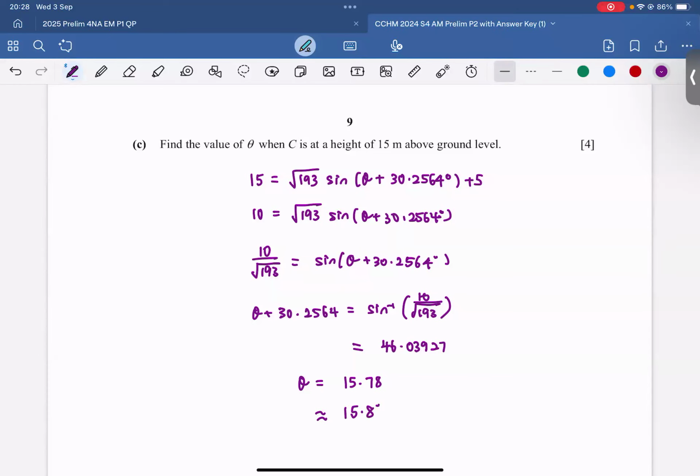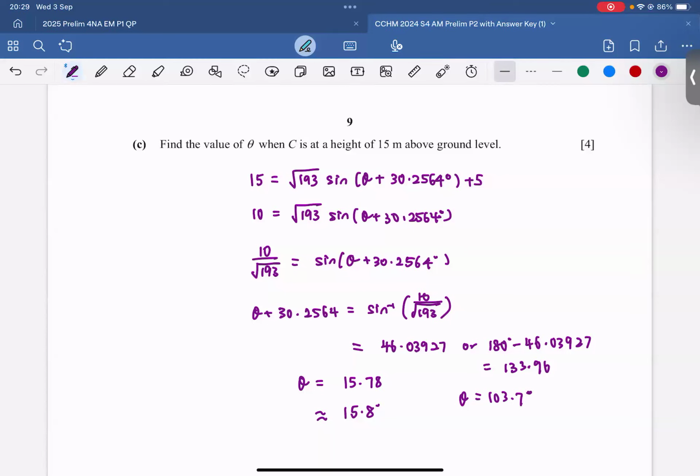Okay, if you want to play safe, this is actually also your second quadrant, which is 180 minus 46.03927, which is equal to 133.96. Okay, then when you subtract away 30.256437, you will get 103.7.